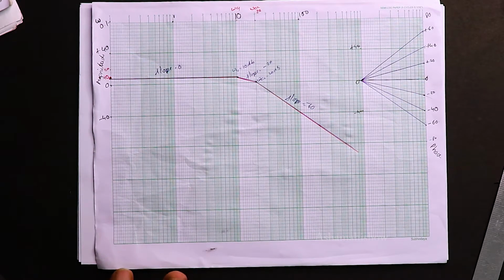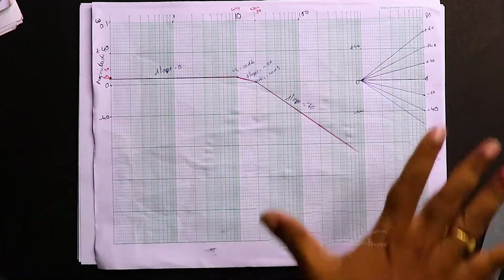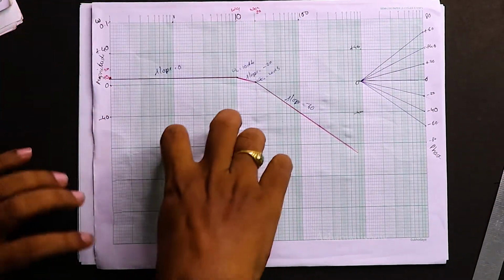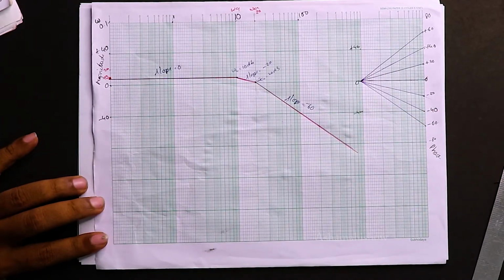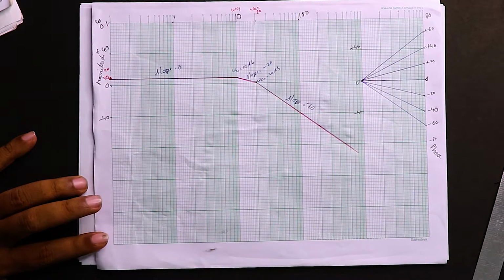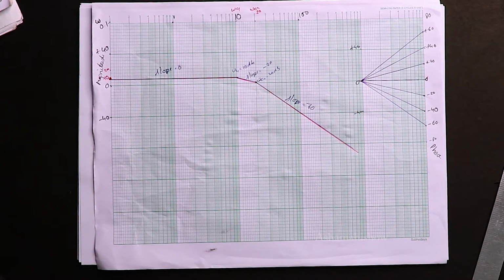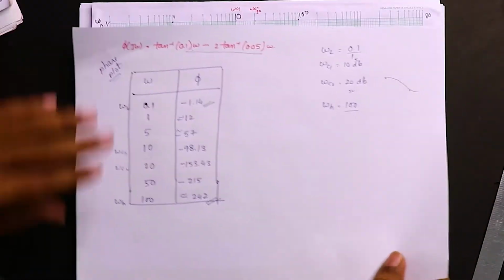Okay. Now we have to draw the phase plot also. The upper half I have used for the magnitude plot, and the lower half I have used for the phase plot. For plotting the phase, I have to mark the values first. So this is the phase I have taken.